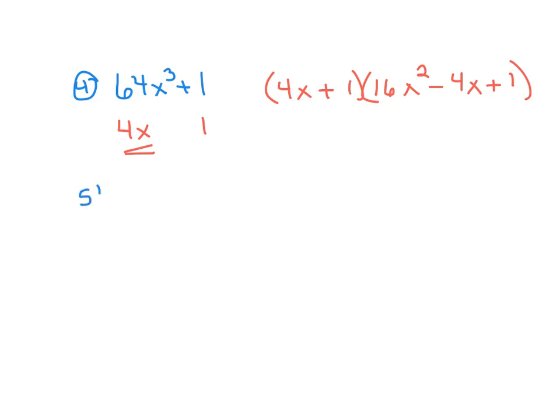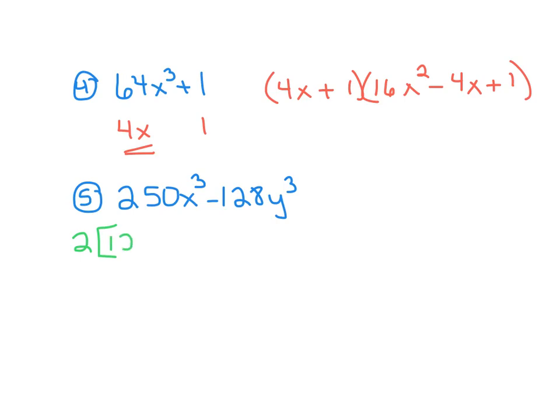Now let's take a look at this one. We've only got 2 more. 250x cubed minus 128y cubed. The first thing you should notice, and this rule still applies, is did you take out a greatest common factor? Did you take out the 2?